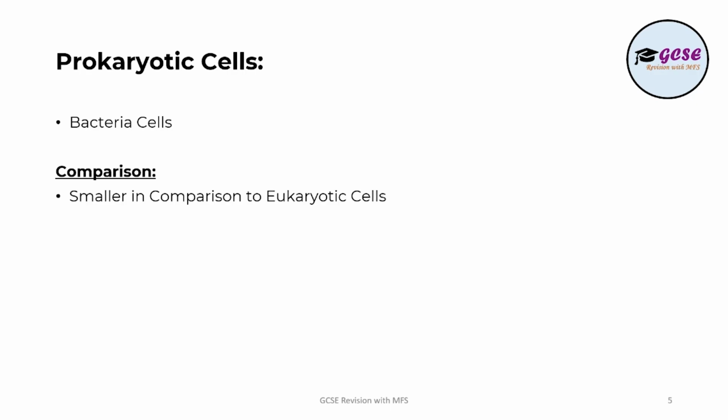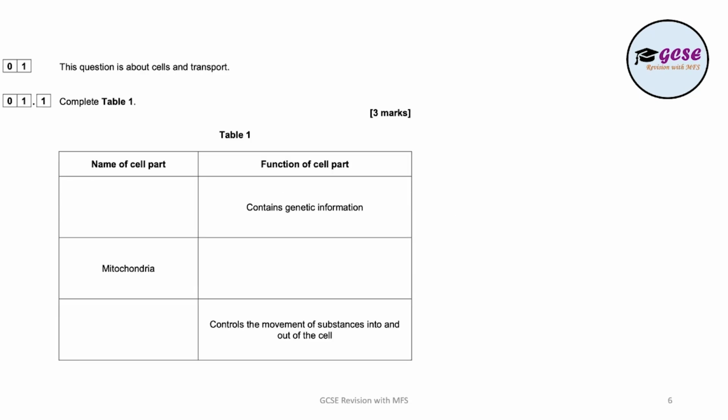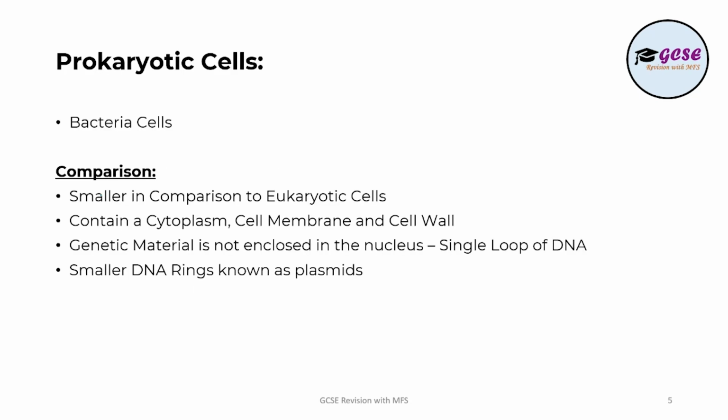prokaryotic cells or bacterial cells are smaller in comparison to eukaryotic cells. They contain a cytoplasm, cell membrane, and cell wall.